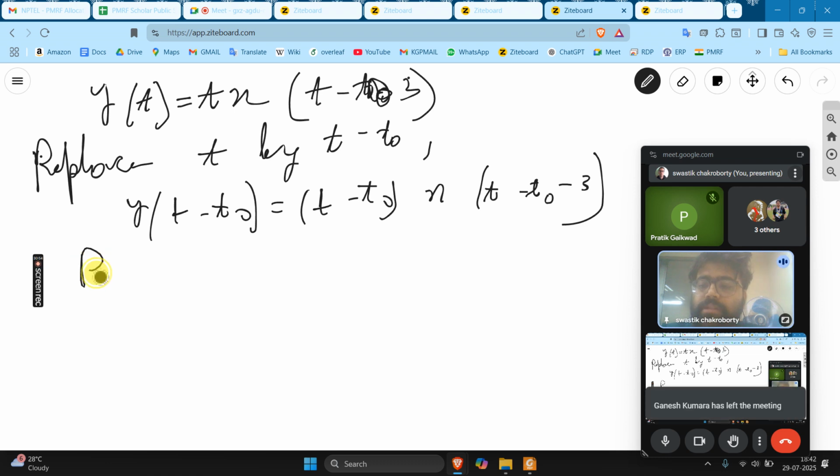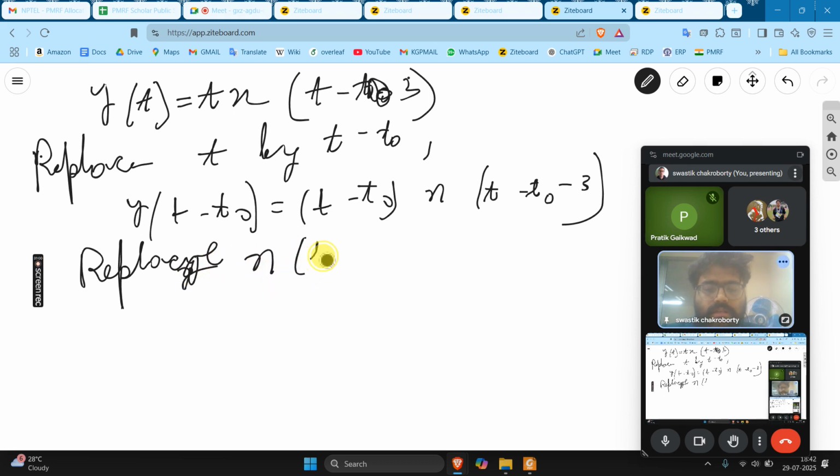Next, you will shift the signal only. So replace x(t) by x(t minus t naught). Here you are shifting the signal only. You are not shifting the time.